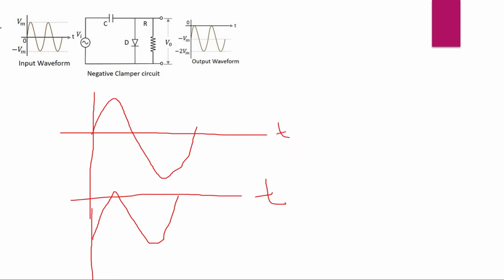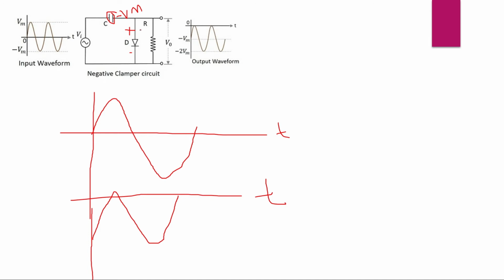It means during the positive half cycle, the diode is forward biased, which means short circuited, so the total voltage is zero and the capacitor will not charge. Whereas in the negative half cycle, it will start charging and reaches the maximum voltage of minus Vm.